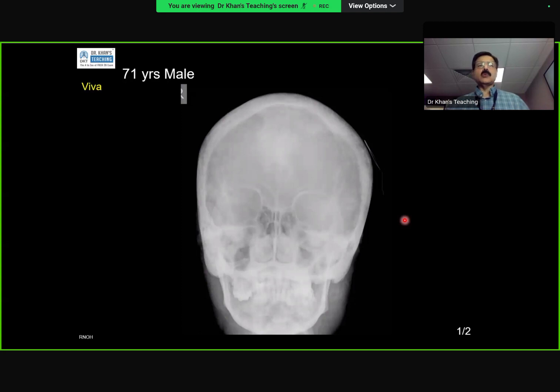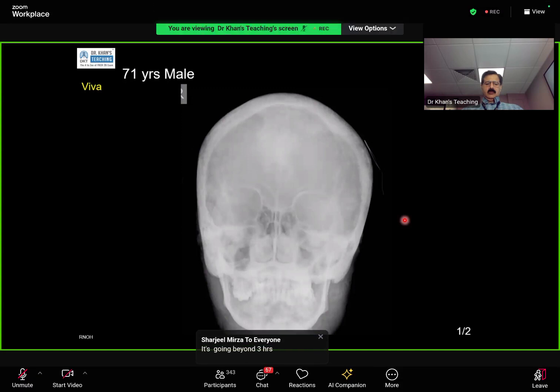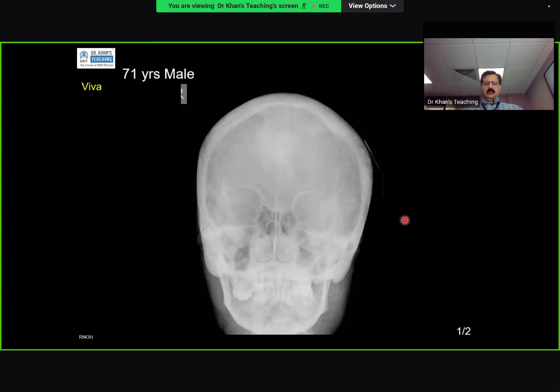Okay, over to you. Yes, I have been presented with a frontal skull radiograph of a 71-year-old male patient. The first observation I noticed is that there is diffuse thickening of the skull vault of this patient. I cannot see any thickening within the mandible. Also, I can see the orbital cavities appear within normal limits.